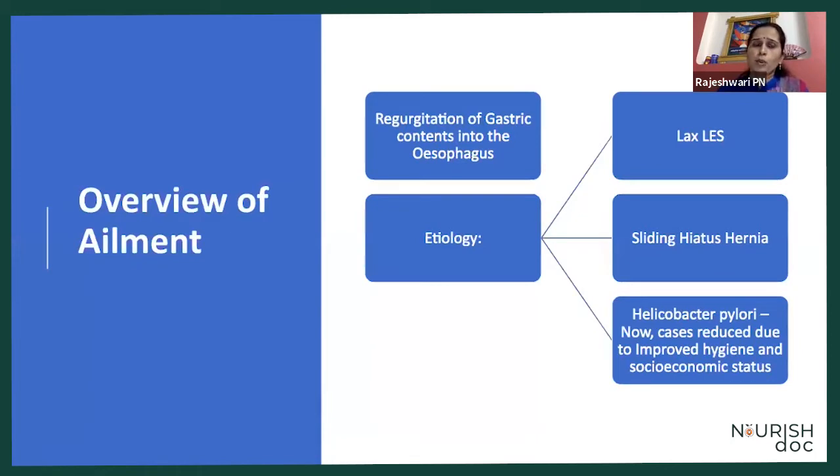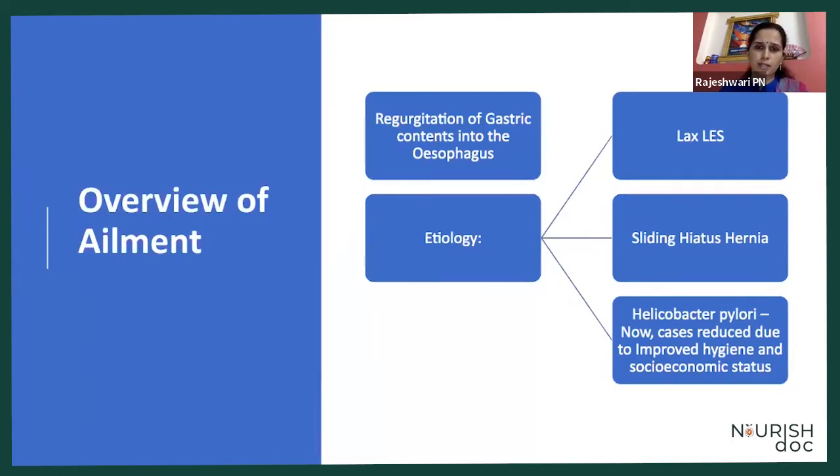When we come to the overview of the ailment, what is the first complaint told by patients? The first complaint is something coming back up, like a regurgitation. In medical terminology, it is a regurgitation of food contents from the stomach to the esophagus.